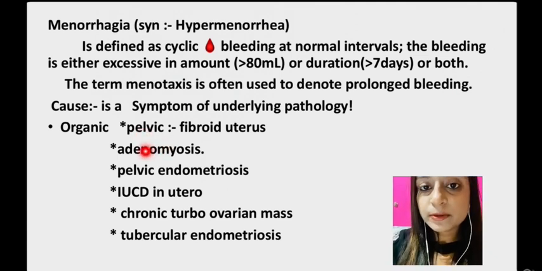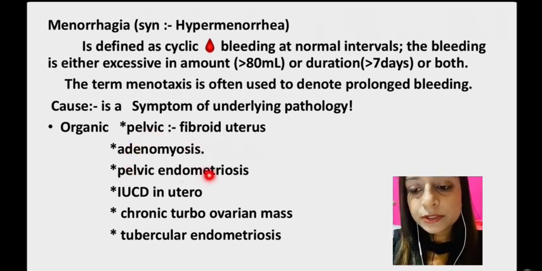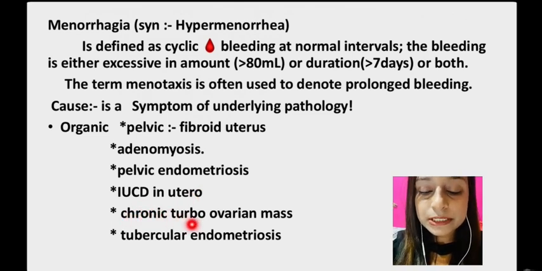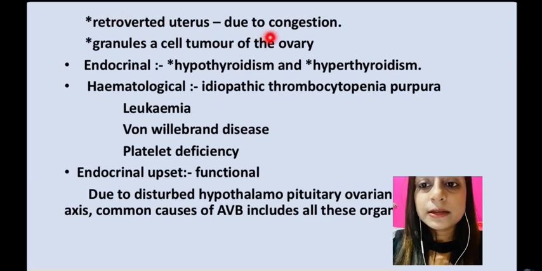The first cause is organic, which is pelvic: fibroid uterus, adenomyosis, pelvic endometriosis, IUCD (intrauterine contraceptive devices), chronic tubo-ovarian mass, tubercular endometriosis. Next, retroverted uterus due to congestion, and granulosa cell tumor of the ovary. So these were the pelvic causes.